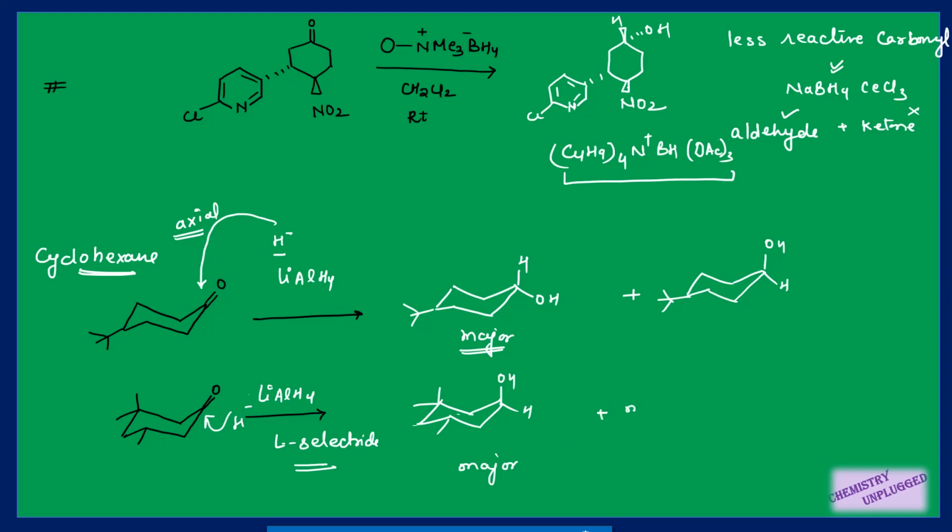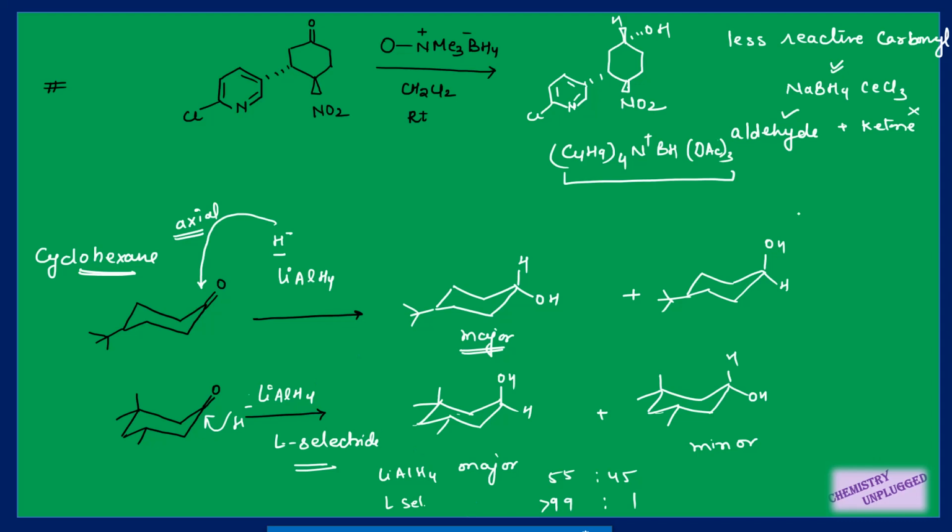Suppose I have major product this one, and in minor amount I have also OH equatorially present, and in case of lithium aluminum hydride, this ratio is 55:45, but if you are using L-selectride, then this ratio will become greater than 99% and 1%, right?